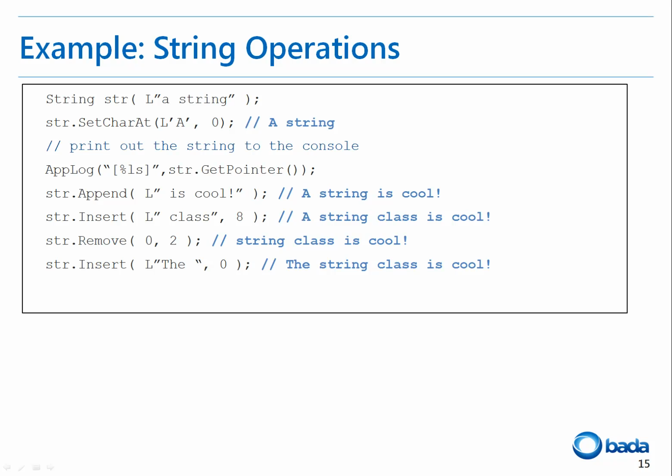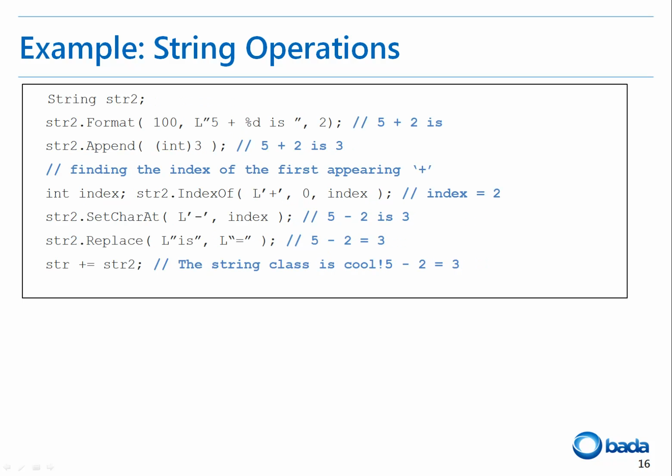Then, I called a function to remove 2 characters from the first character position. It removes the A and the blank space. After that, I inserted the into the first character position using the insert function, and the string became the string class is cool.